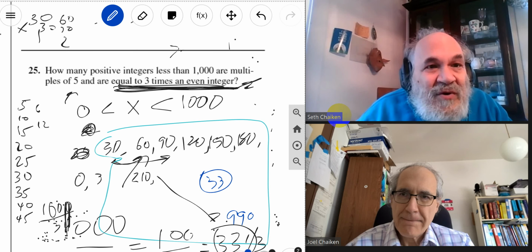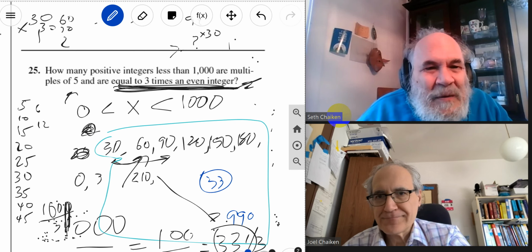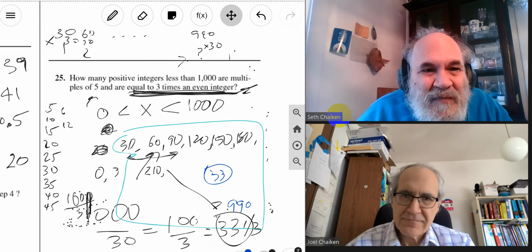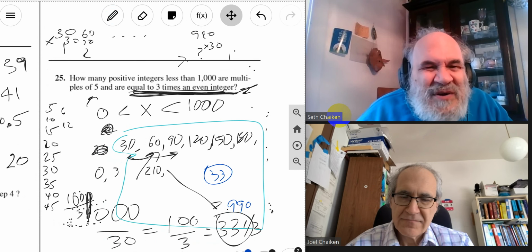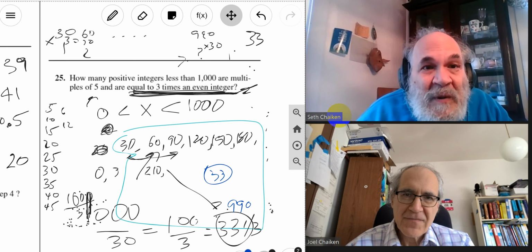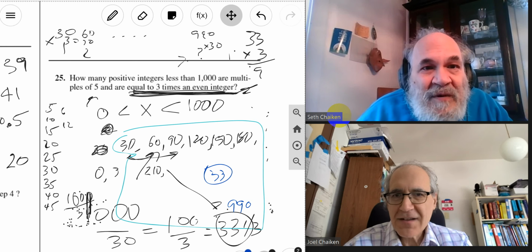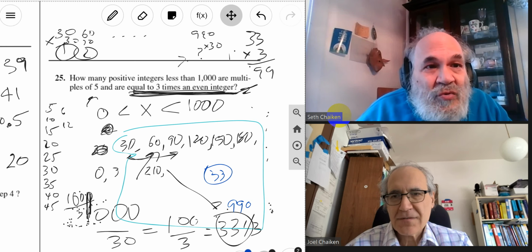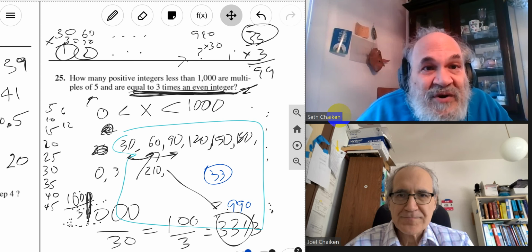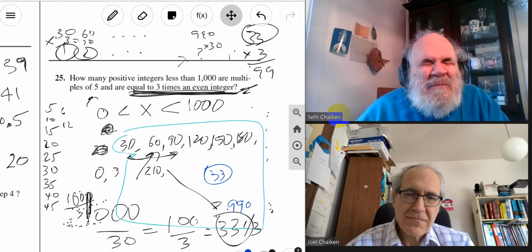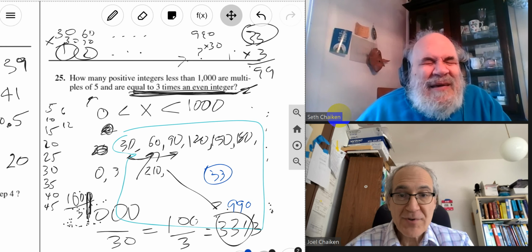And so forth. So what number times 30 equals 990? 33. Good. So that's another way to view it. We count up 1, 2, and so on, up to 33. So that's one really good approach.